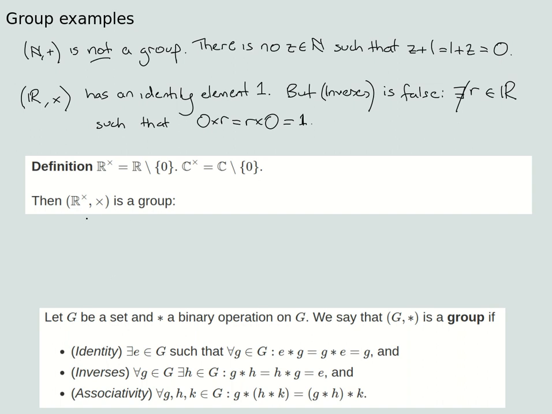So there are the group axioms, and we know identity is true. So the identity axiom: 1 serves as an identity element. Secondly, the inverses axiom.